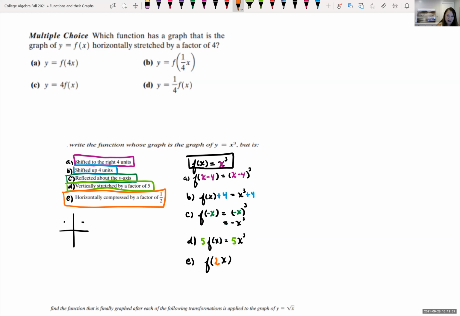So this should have been y equals f of 2x. If we plug in 2x wherever we saw an x in our function f of x, we would have this (2x) quantity cubed, which is 8x cubed.